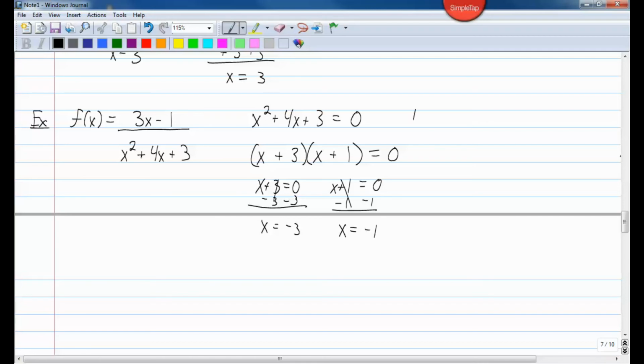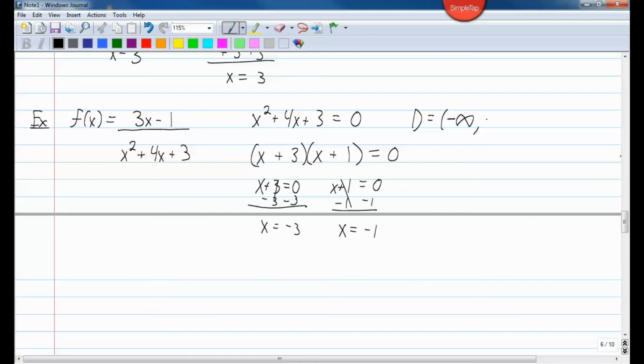Alright, so the way we do that, domain equals, we start at negative infinity. Now think about it. If we were at negative infinity and we were moving to the right on a number line, we would first come to negative 3, right?